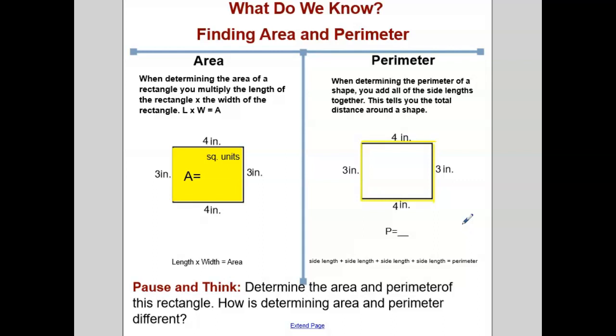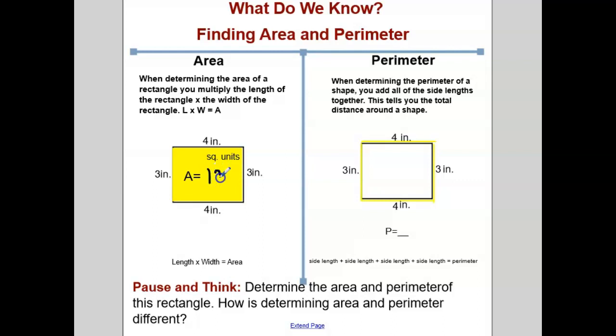Were you able to do this? I knew you could. Well, you know to find area, what do you do? You multiply the length times the width. So you would multiply 4 inches by 3 inches. What is 4 times 3? You're right, it is 12.